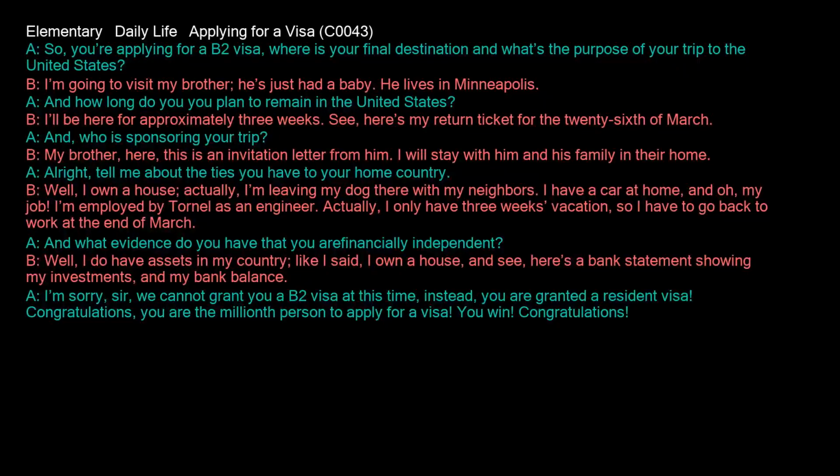Actually, I'm leaving my dog there with my neighbors. I have a car at home. And my job? I'm employed by Tornell as an engineer. Actually, I only have 3 weeks vacation, so I have to go back to work at the end of March. And what evidence do you have that you are financially independent? Well, I do have assets in my country. Like I said, I own a house, and see, here's a bank statement showing my investments and my bank balance. I'm sorry, sir. We cannot grant you a B2 visa at this time. Instead, you are granted a resident visa. Congratulations. You are the millionth person to apply for a visa. You win. Congratulations. Yay.